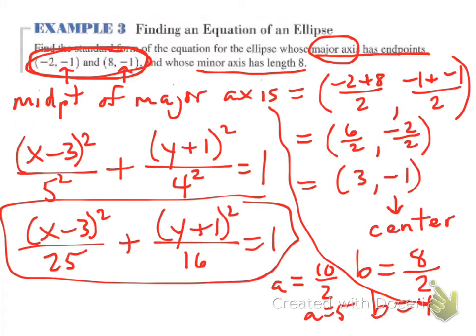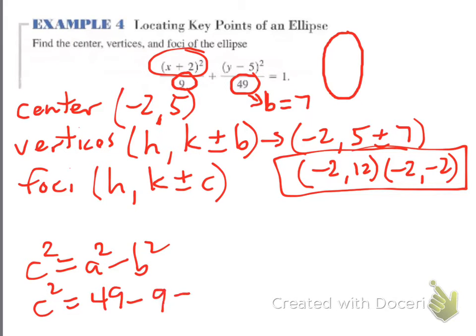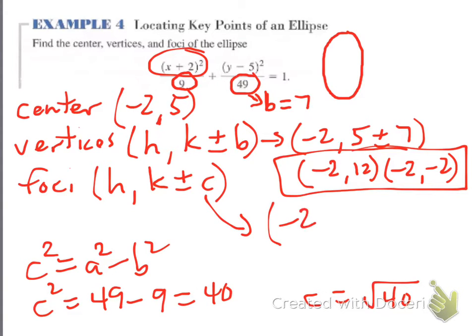That's all. Now, how do I find c? Well, c squared equals a squared minus b squared. So c squared equals 49 minus 9, which is 40. That makes c the square root of 40. So my foci are -2 and then 5 plus or minus radical 40.